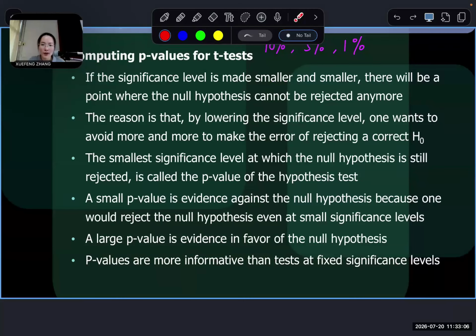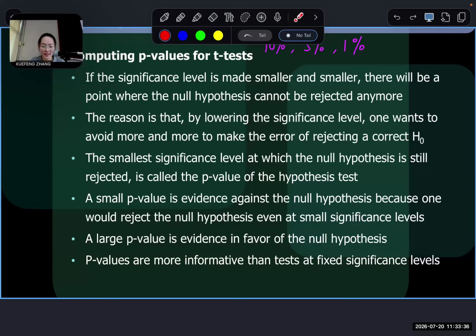So if we keep lowering the significance level, at some point the critical value gets so strict that you can no longer reject H0. Makes sense, right? Because a smaller significance level means you are demanding stronger evidence before rejecting. Okay, too demanding, because you want to avoid the mistake of rejecting a true H0.